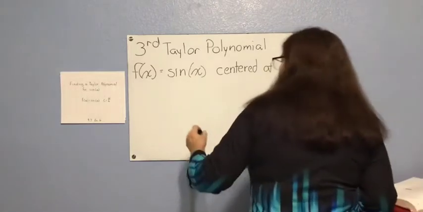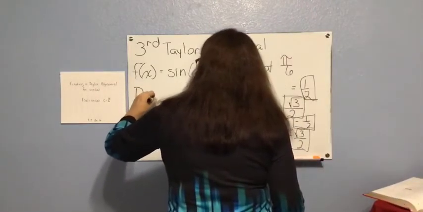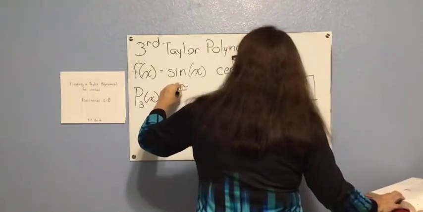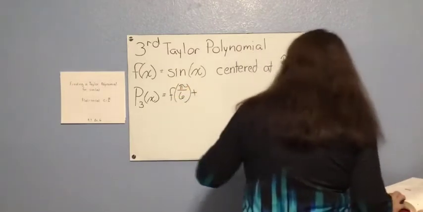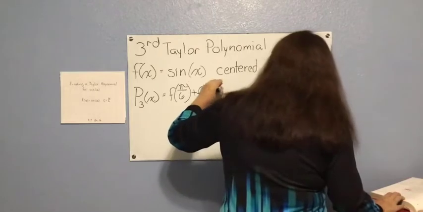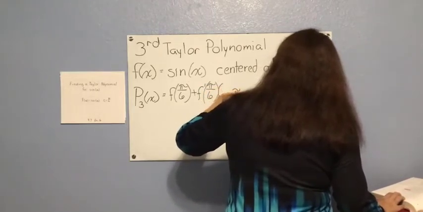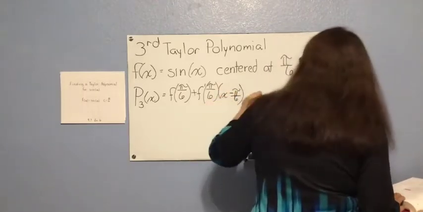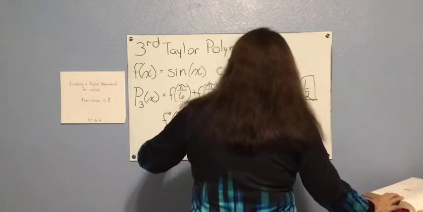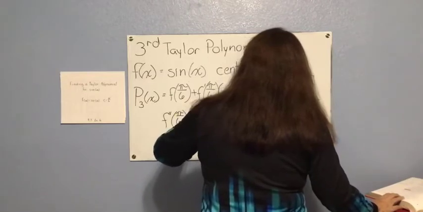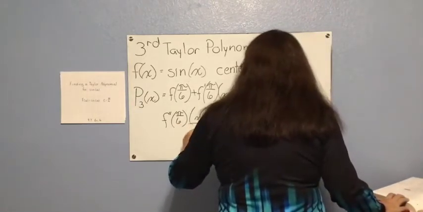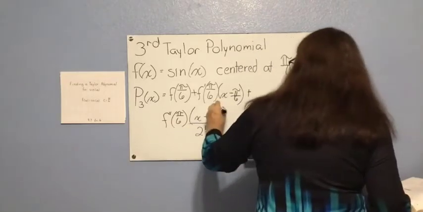So my third Taylor polynomial, P3 of x, is equal to f of pi over 6 plus f prime pi over 6 times x minus pi over 6 plus second derivative of pi over 6 times x minus pi over 6, over 2 factorial, and this is squared.